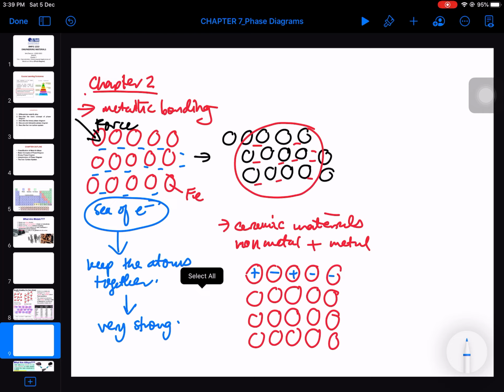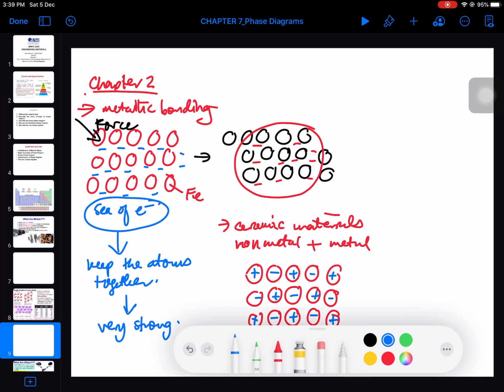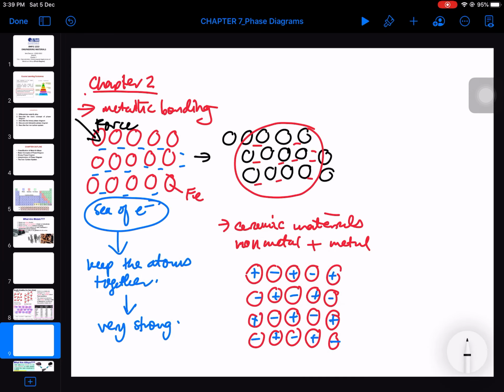So let's quickly do this. Let's say this represents the charges of the ions located next to each other. It's always the opposite charge sitting next to the other charge, to keep the equilibrium. Now let's say for the same material, we apply a certain kind of force, and this force is strong enough to cause deformation to the structure.